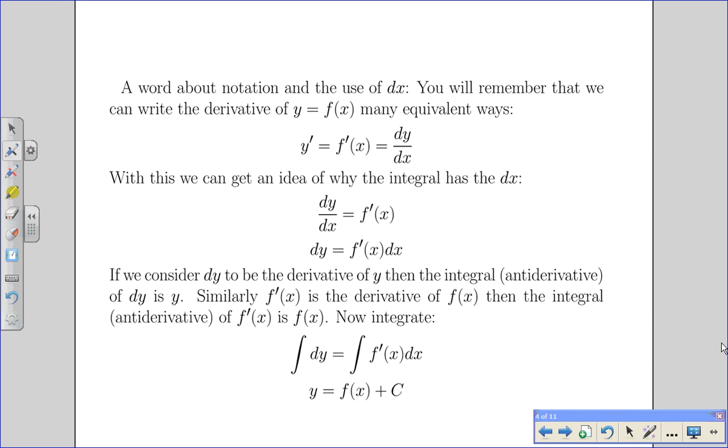So here, if we start off with an equation y prime, or f prime, equals dy dx, this is the derivative. That's the derivative right there.